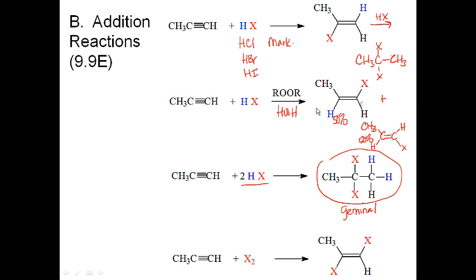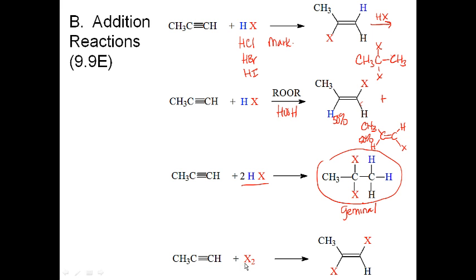Okay, so anti-Markovnikov, we know how to do that addition. Again, I can add one equivalent of HX, or I could add two equivalents. I could add one equivalent anti-Markovnikov, one equivalent Markovnikov. Okay. So this shows the addition of the two HX molecules.